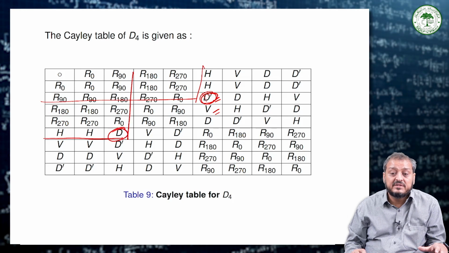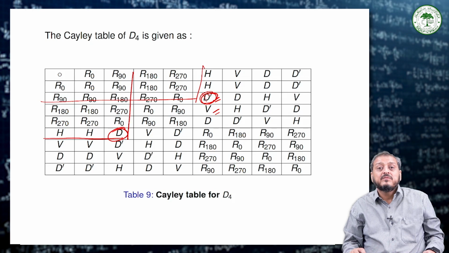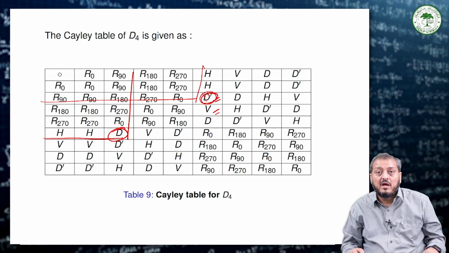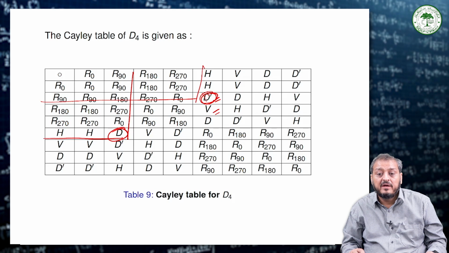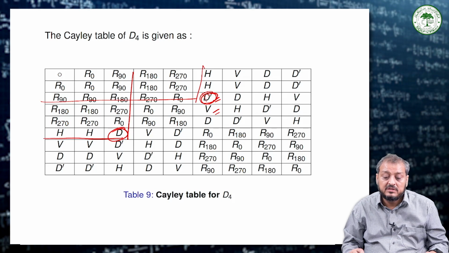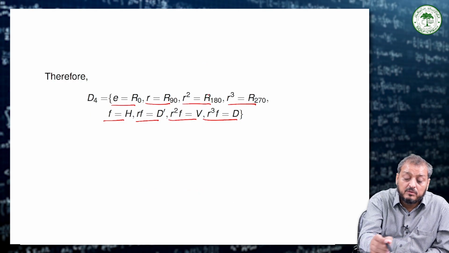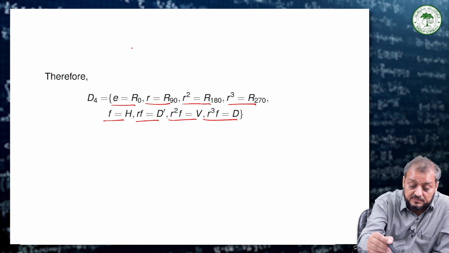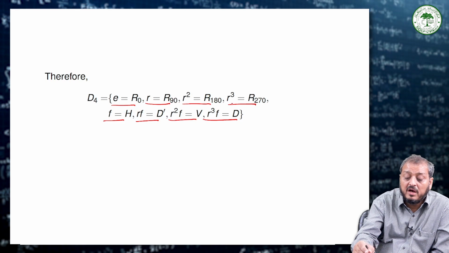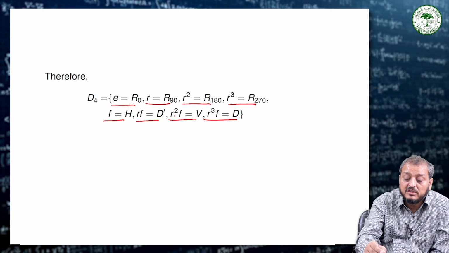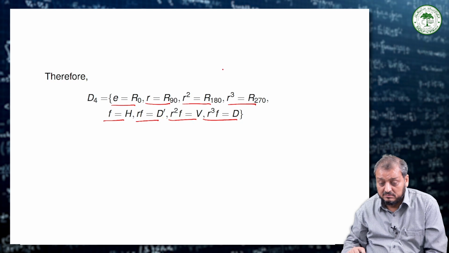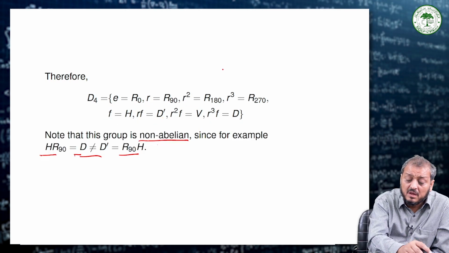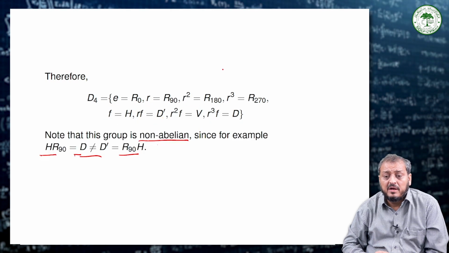So by this Cayley table we can simply say that this is clearly non-abelian. D4 can be written in the form of E, R, R squared, R cubed, F, RF, R squared F, R cubed F, according to our definition of a dihedral group.